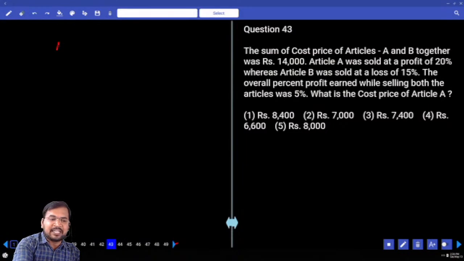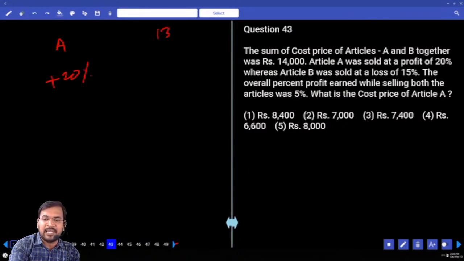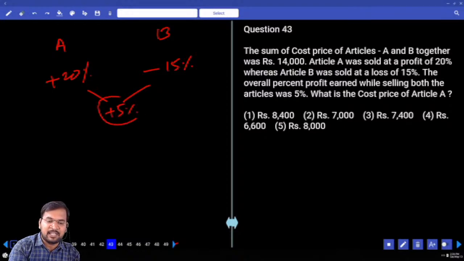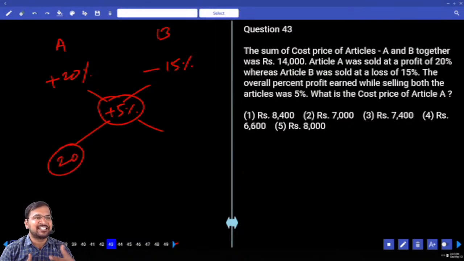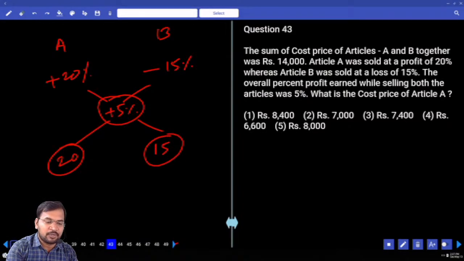So article A is a profit of 20%. Article B at a loss of 15%. Overall 5% profit. Mixtures, na. Minus 15 plus 5, difference is 20, not minus 10. Opposite sign is there, you have to add 25, 15. So ratio 4:3.